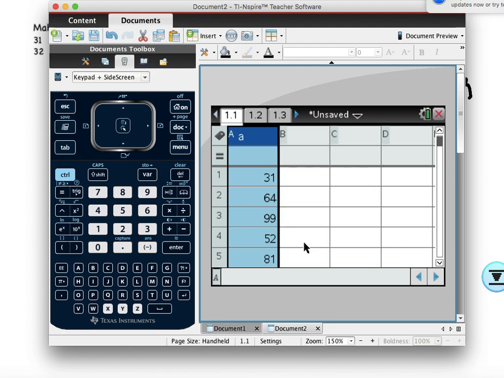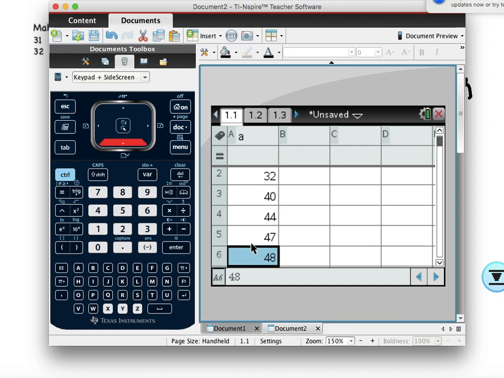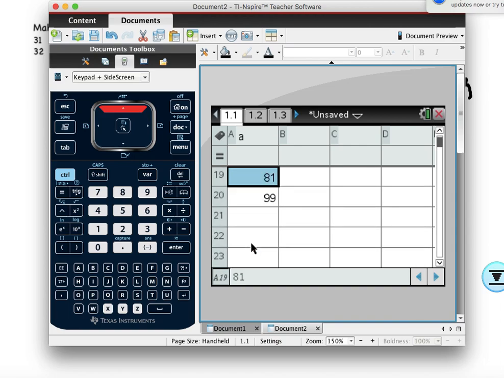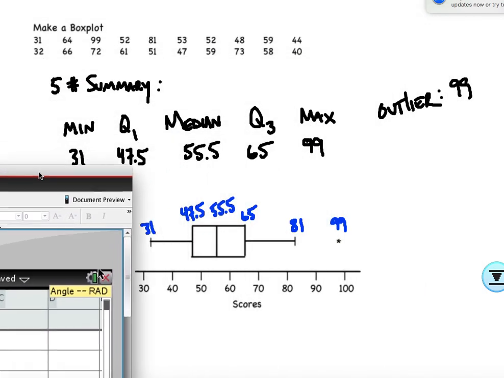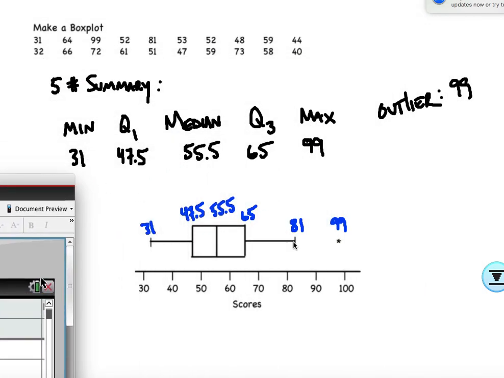And then I would sort ascending. So now it puts it in order. That might be helpful. But in any case, we figured out that 99 was the outlier, and then the next biggest term is 81. So that's why that whisker goes out to the next highest number, 81.